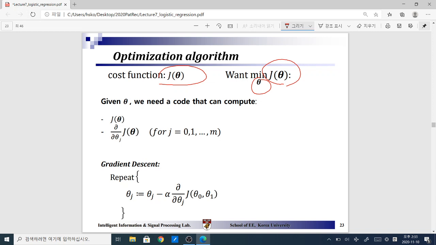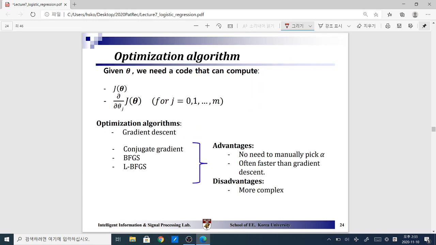Given any initial theta, we can then have code that computes and converges, and that convergence is done by this gradient descent algorithm. You have some initial point, and then gradually this is going to be updated by this second term.